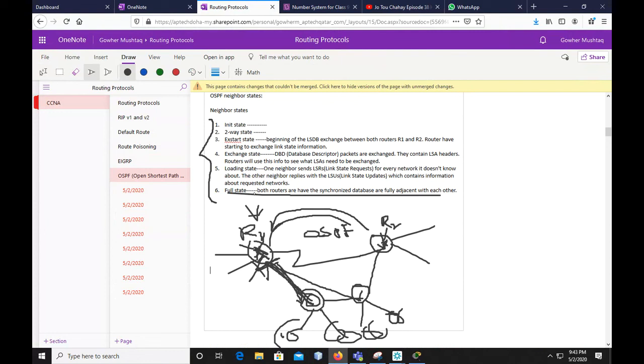Init state, when a router sends the hello packet; two-way, when another neighboring router sends the hello message back to the router; exstart state, where they start some basic database information; then exchange state, where the database descriptors are exchanged; then loading state, where it sends LSRs and LSUs are updated; and then full state. So this is the entire information about these 6 states. Okay, clear?